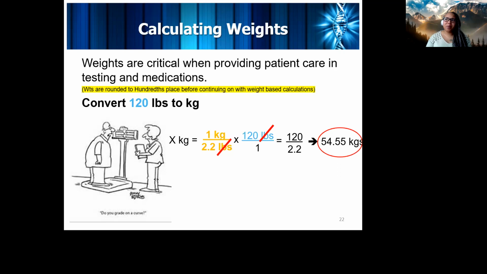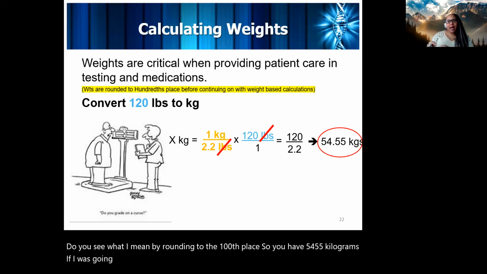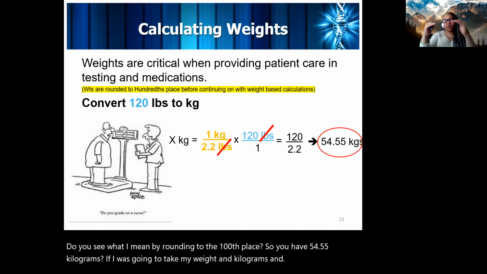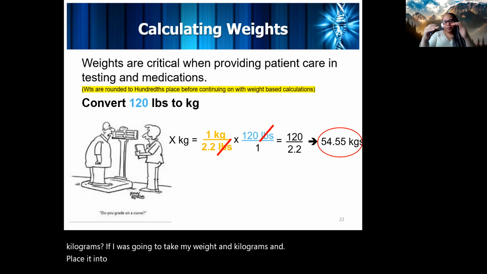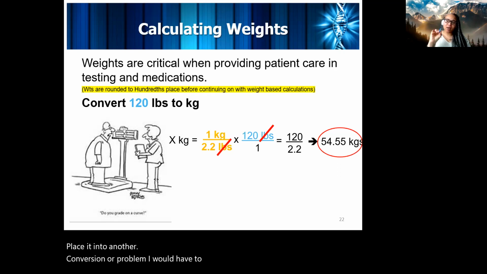Now, do you see what I mean by rounding to the hundredths place? So you have 54.55 kilograms. If I was going to take my weight in kilograms and place it into another conversion or problem, I would have to go ahead and round that up.